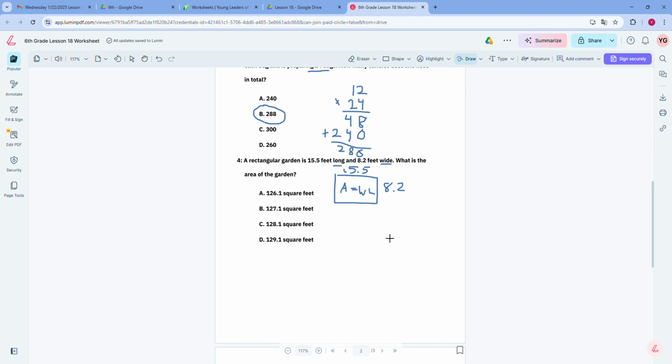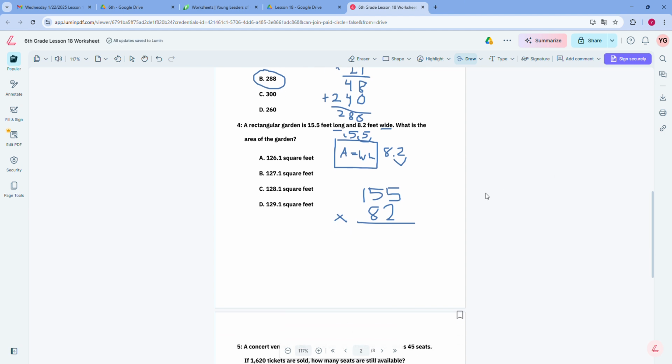And so that would just mean that you need to do 15.5 times 8.2, but once again you want to ignore the decimals, so I would move this decimal one place and I would move this decimal one place, so I would get 155 times 82. And then we can put the decimals back after.